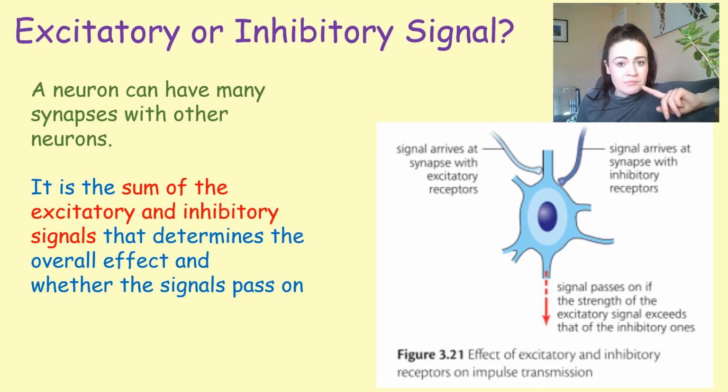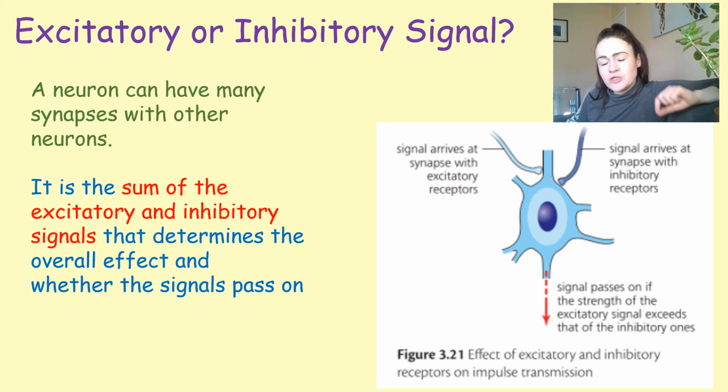However, it's not quite as simple as some neurons having the excitatory receptors and other ones having inhibitory receptors. Neurons have a mix of both because they have many synapses with lots of other neurons, so they've got lots of different receptors.